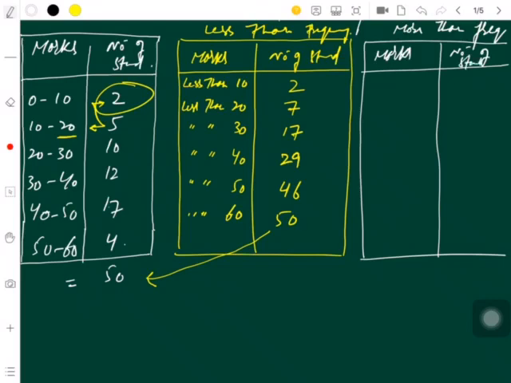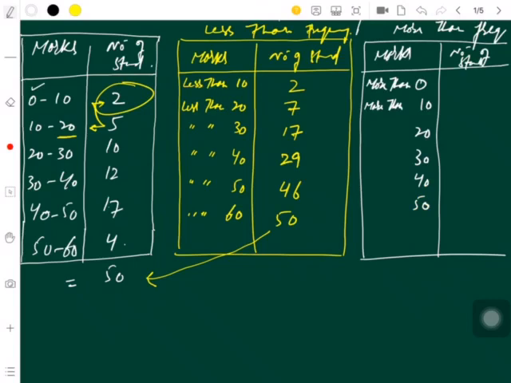So marks are now more than 0, then more than 10, more than 20, 30, 40 and 50.